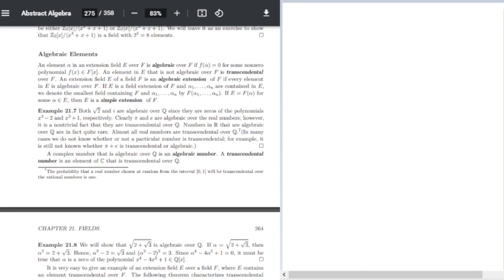So now, algebraic elements. An element A in an extension field E over F is algebraic over F if f of A is equal to 0 for some non-zero polynomial f of x in F of x.